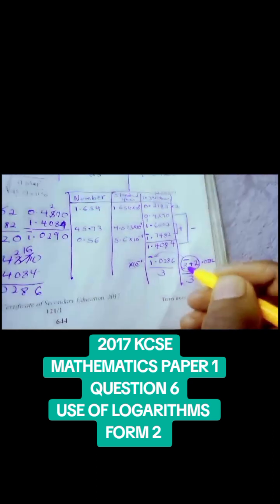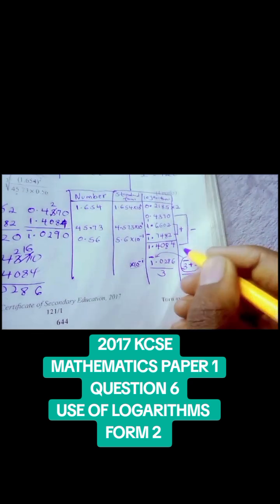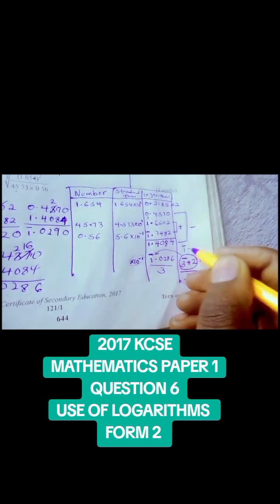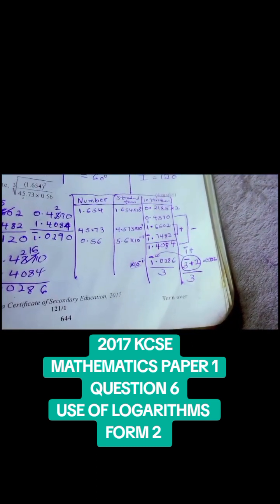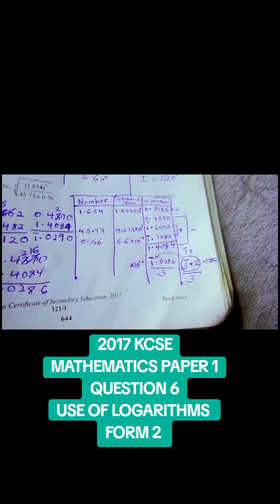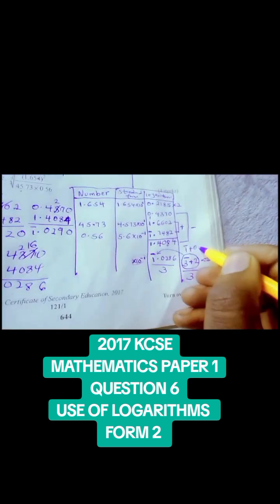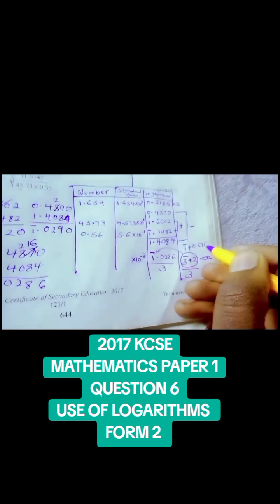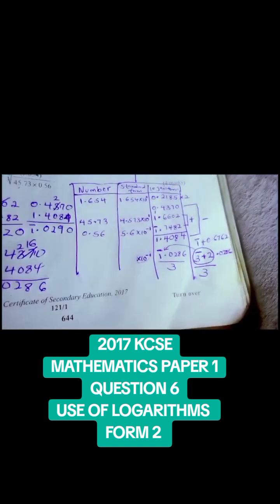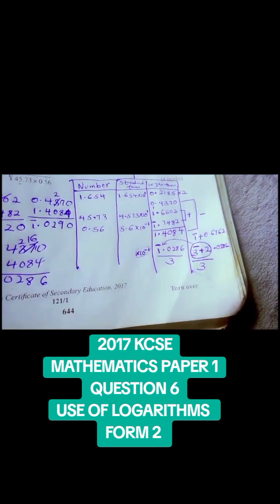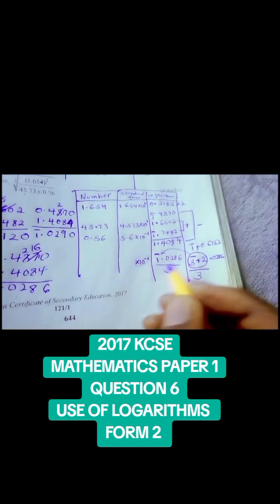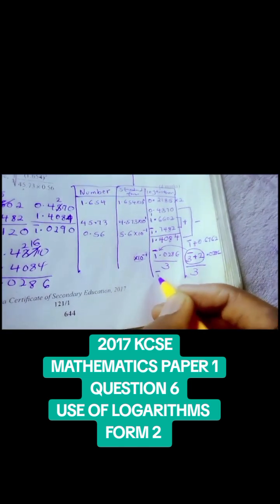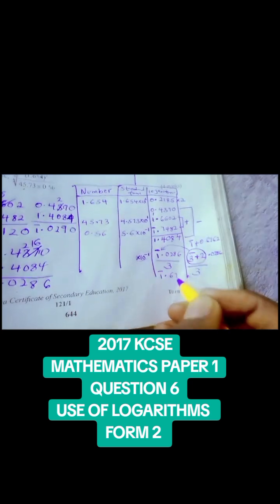Plus, now I'll have 2.0286 divided by 3, which is 0.6762. Therefore, negative 1 plus 0, I'll be having bar 1.6762.